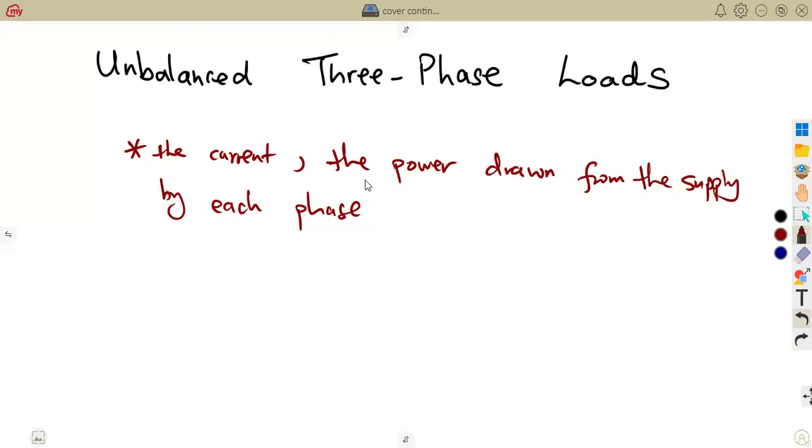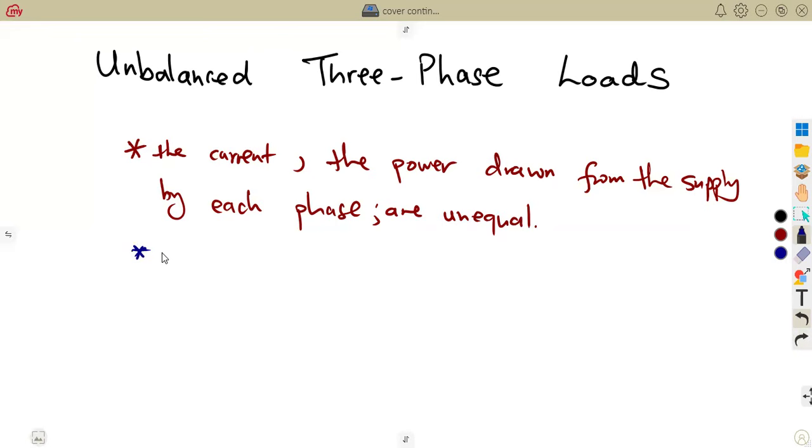That is, the current and the power drawn are actually unequal. Meaning, if you consider any unbalanced load, these won't be the same.